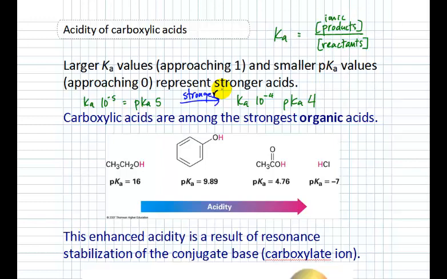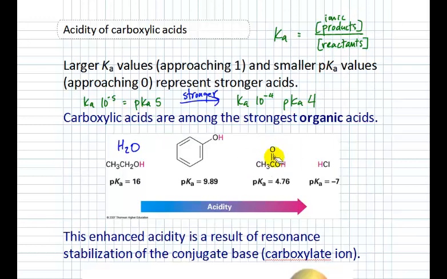We've talked about alcohols, pKa around 16, around that of water. Phenol, benzene with an OH, was more acidic, pKa around 10, because the minus charge could be distributed over the ring. Carboxylic acids are stronger than phenols.